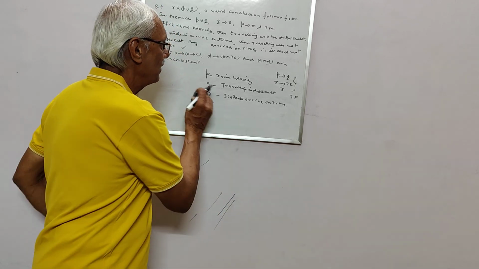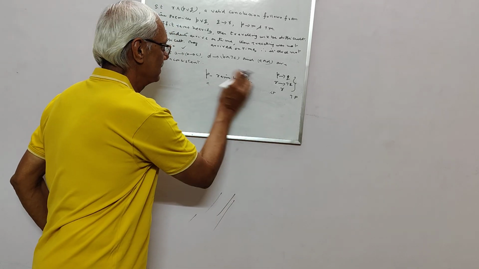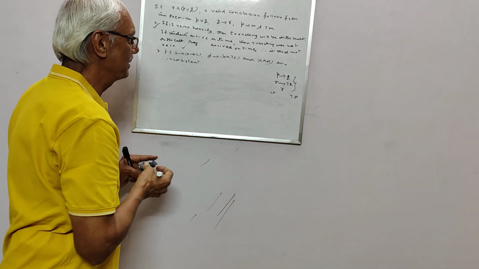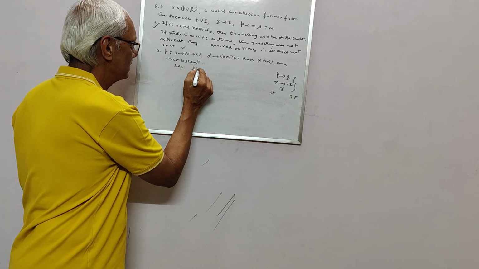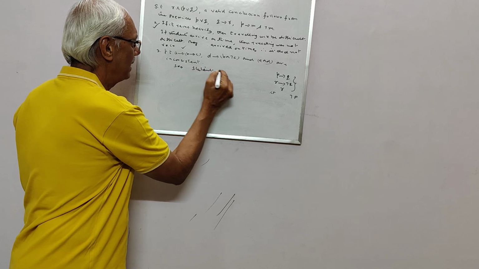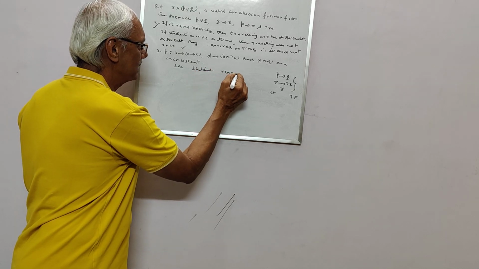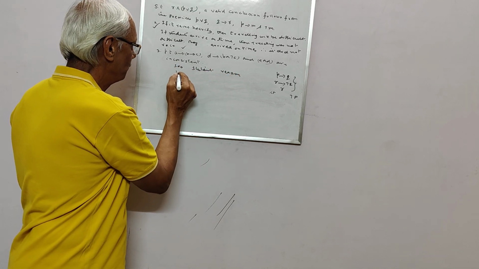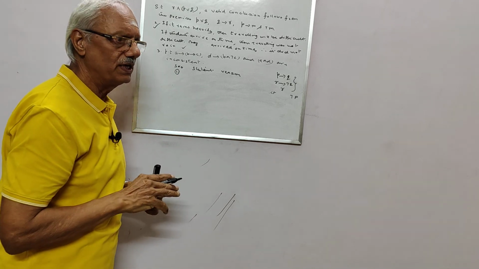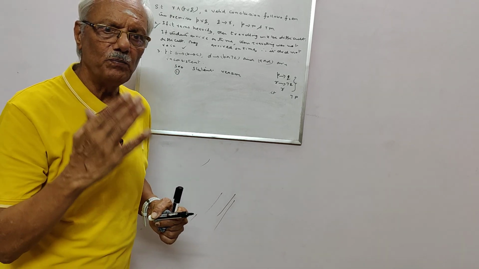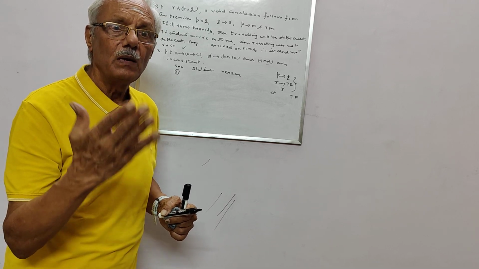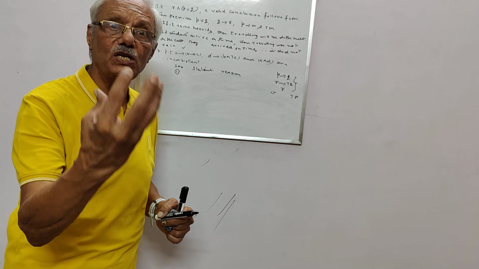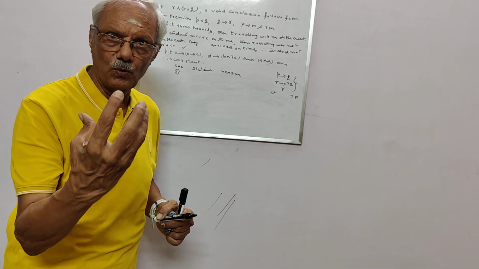Now for this we prepare a statement like this. It has a serial number, a statement and a reason. We place our argument based on what is given in the problem.